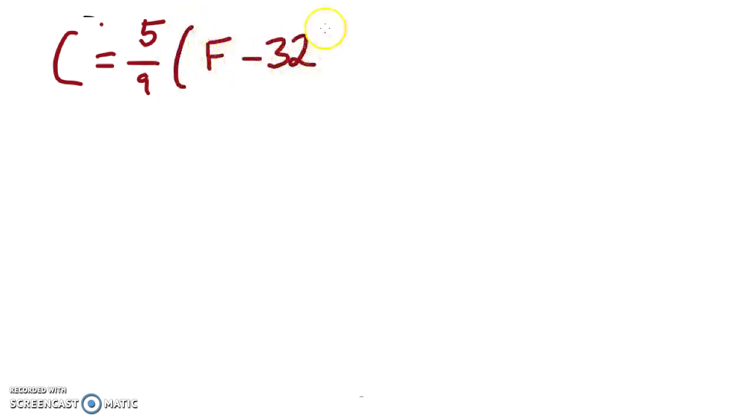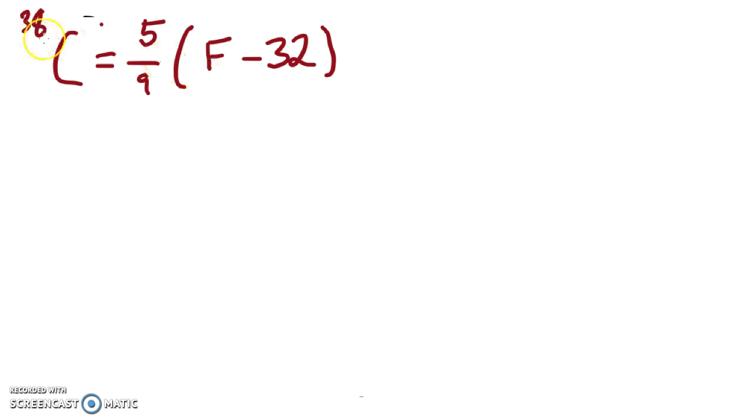So the formula for temperature conversion is C equals 5 over 9, parentheses, the degrees that would be in Fahrenheit minus 32, close parentheses. So let's take number 38.